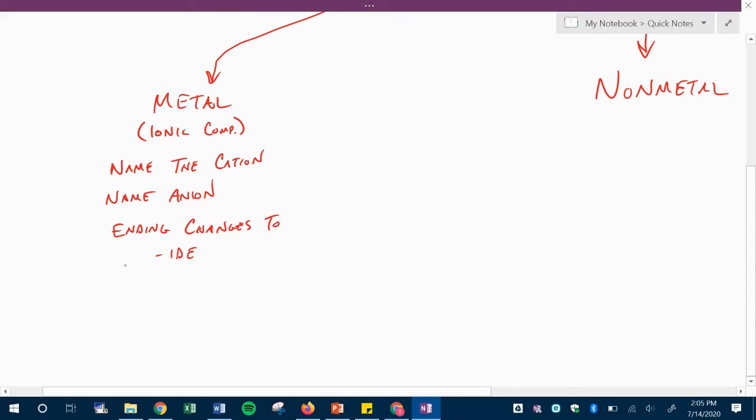Now remember here, let's make a note if you want: excludes polyatomic ions. So remember, polyatomic ions, we don't do anything special. We leave those exactly the way they are.